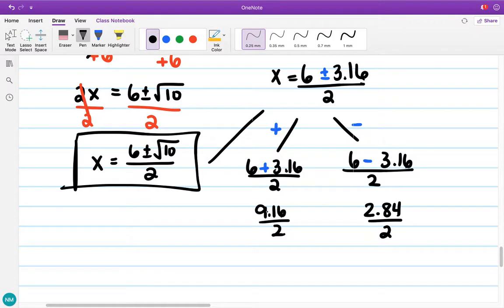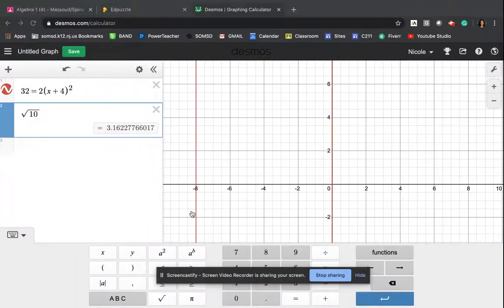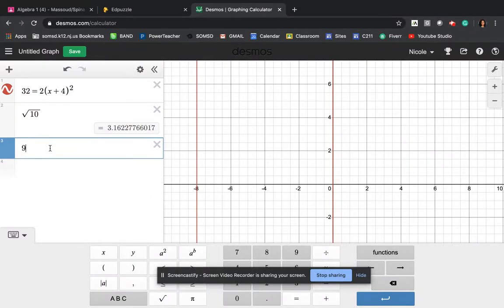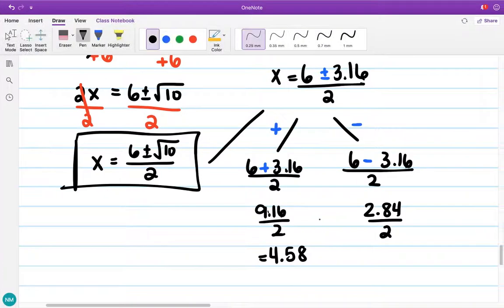This is 4.5, and then plus 0.08, so it's 4.58. Let's see. 9.16 divided by 2. Yeah, baby. And then this is going to be 1.42.